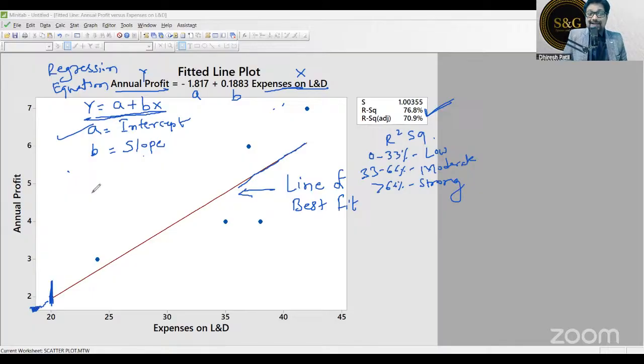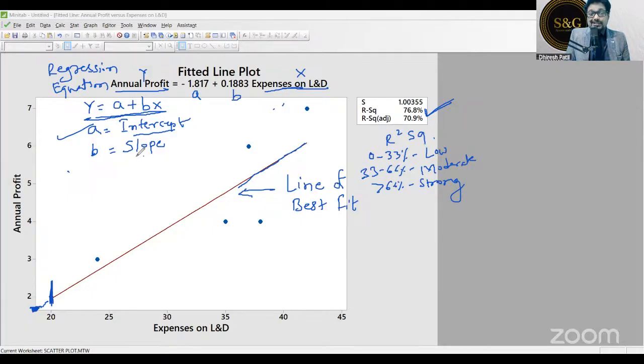This point is called the intercept. If I extend this line further, wherever it cuts the y-axis, the vertical axis, this point is called the intercept. Everybody clear now? Intercept is clear, so that I can explain slope. Very good. Now let's talk about slope.